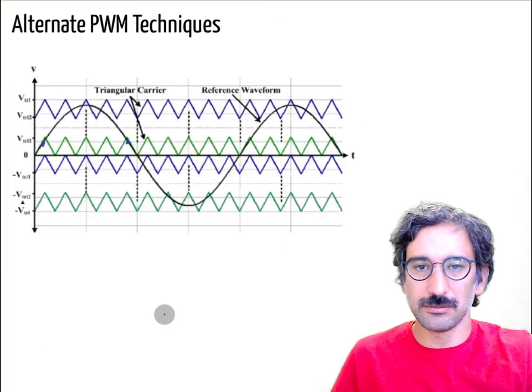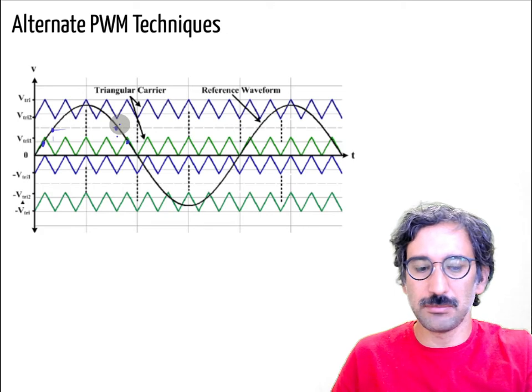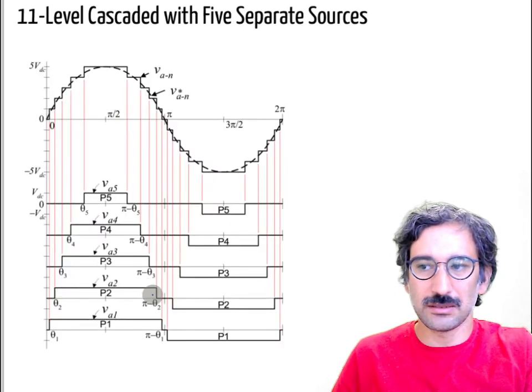And the next one, you will have another PWM signal here. The next one will turn on somewhere here and turn off here. So it will generate the second base.